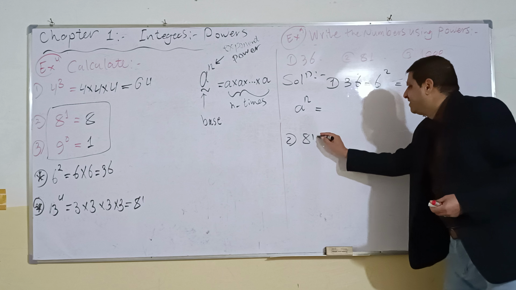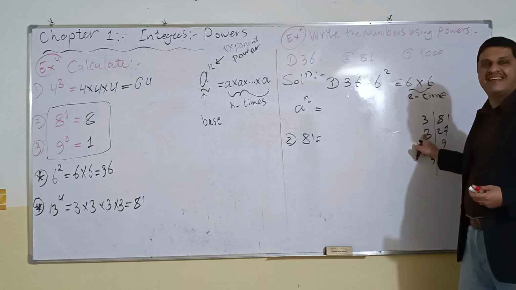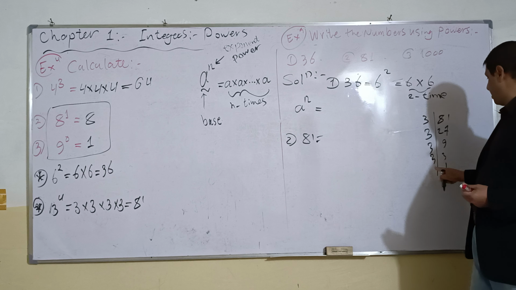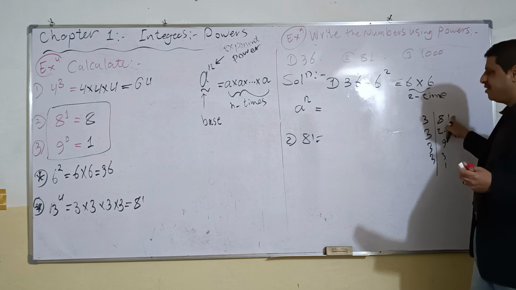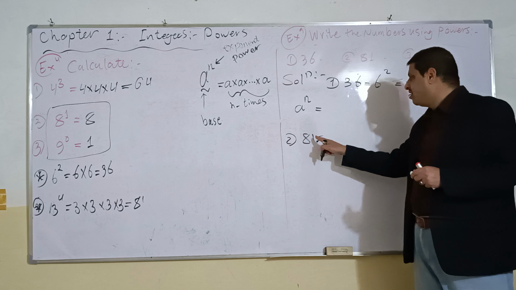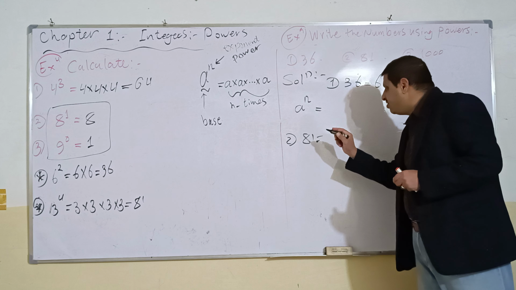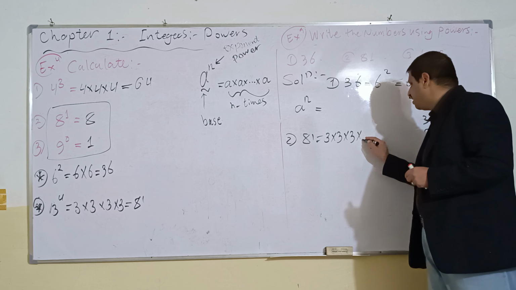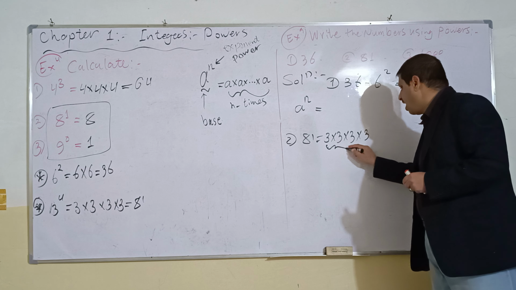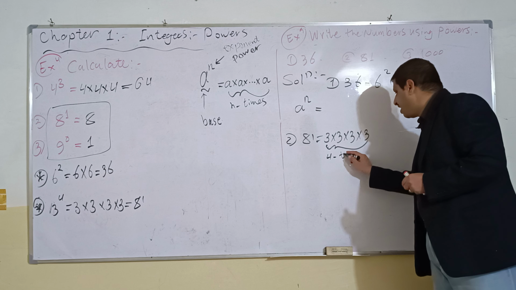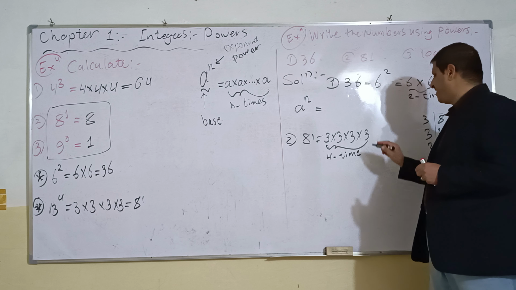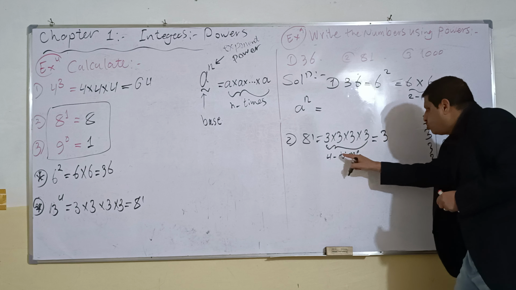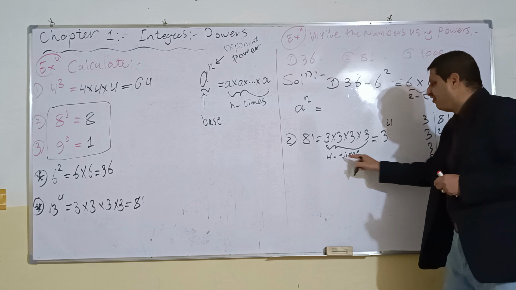That equals 3 times 3 is 9, times 3 is 27, times 3 is 81. Thus, I will write the number 81 in the form of 3 times 3 times 3 times 3. How many times? 4 times. I will take one of them to the power 4.